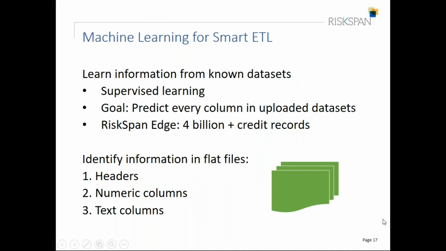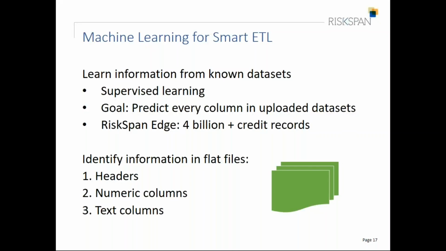So we've got our approach here, and step one is to learn from the data that we have. So we are going to set up our supervised learning problem here, where our goal is to predict specifically every individual column in an uploaded data set. The RiskSpan Edge platform has over 4 billion credit records on it. It's got multiple asset classes, which gives us a lot of great data to go and mine to learn from.